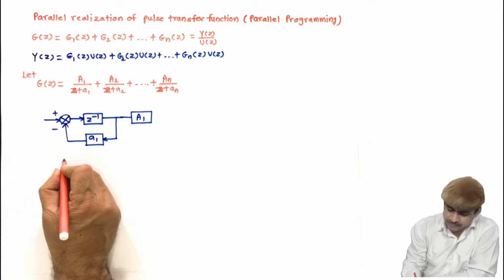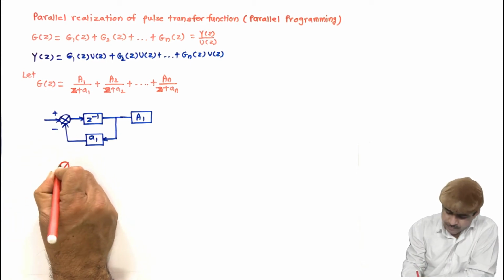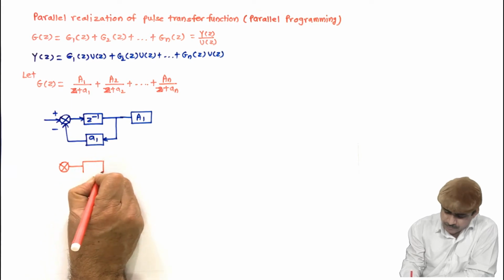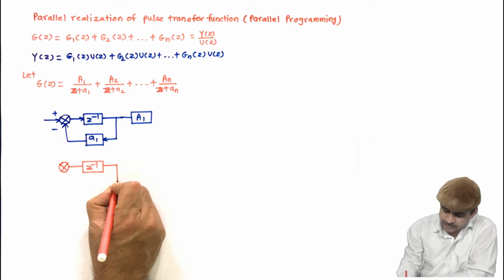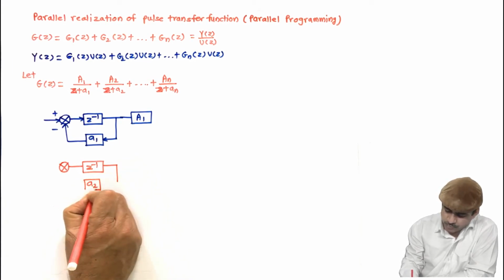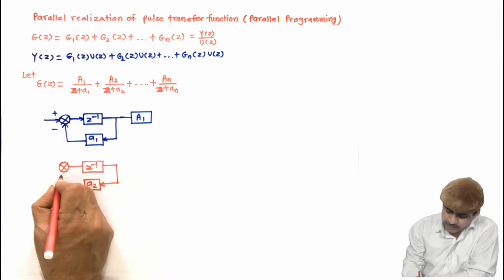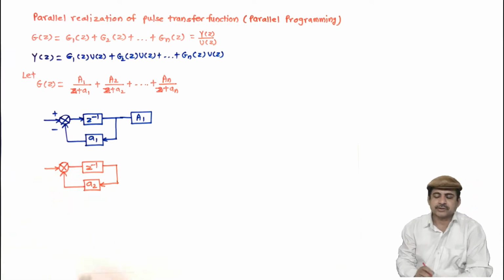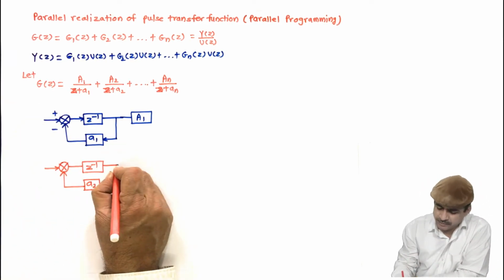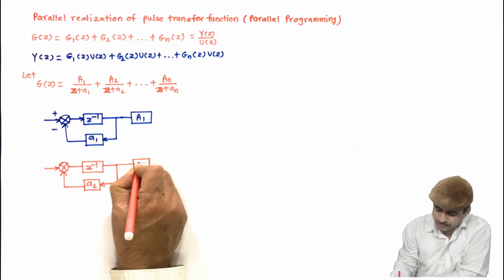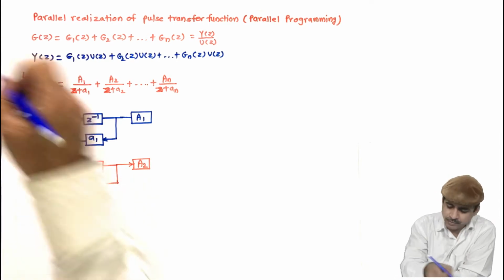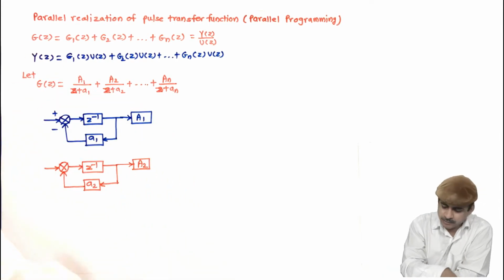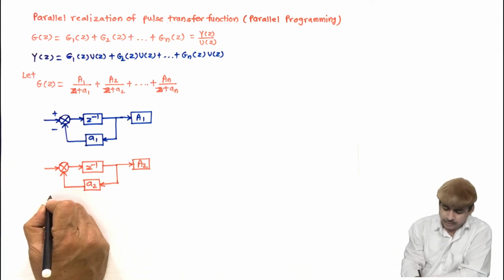Then the next will be z raised to minus 1 block, realization of the second function. Here I will get A2. a1, a2, or capital A1, A2 also are the real numbers, any real number. And here I will get this as a2. Then so on.